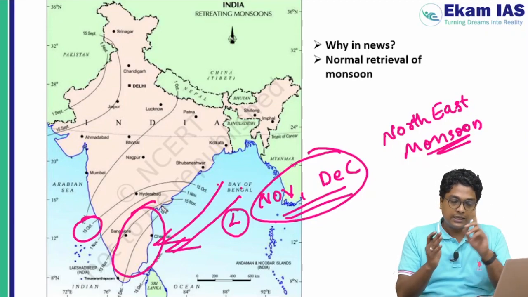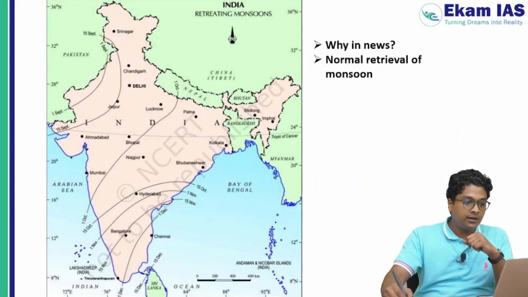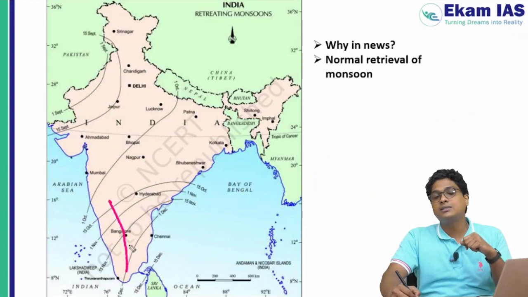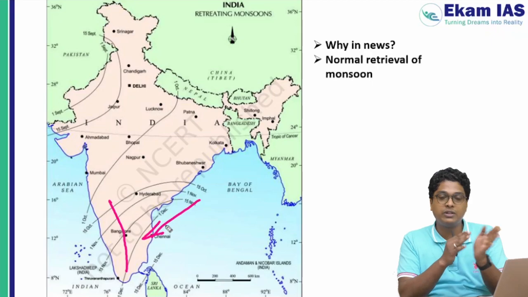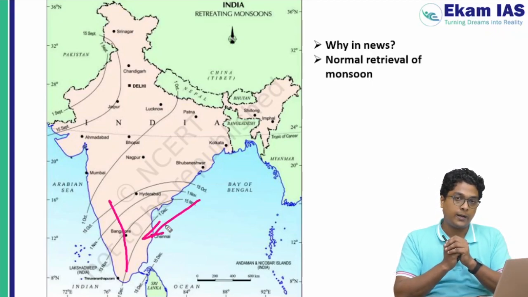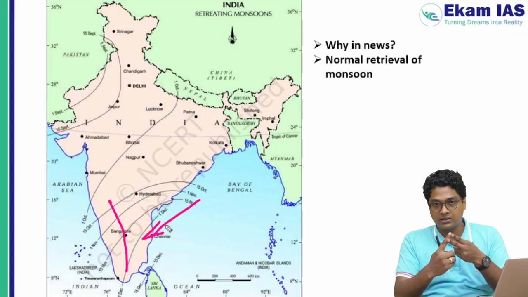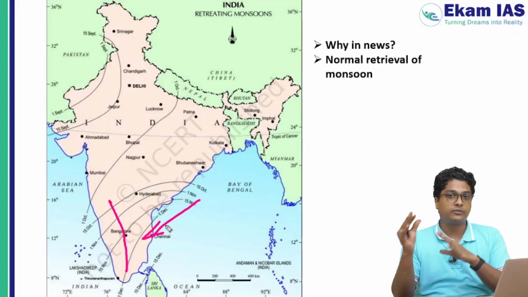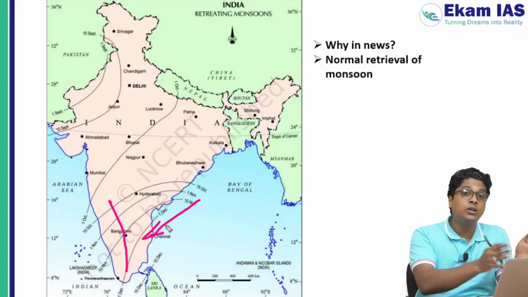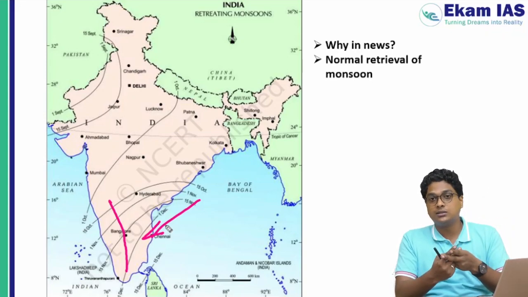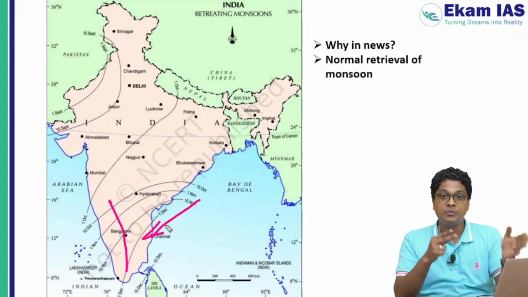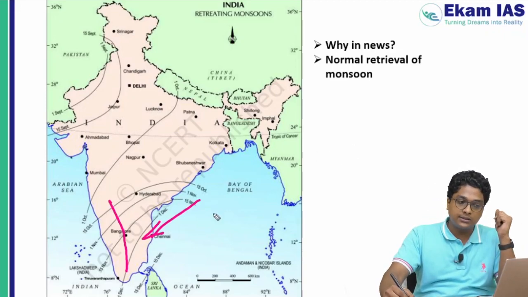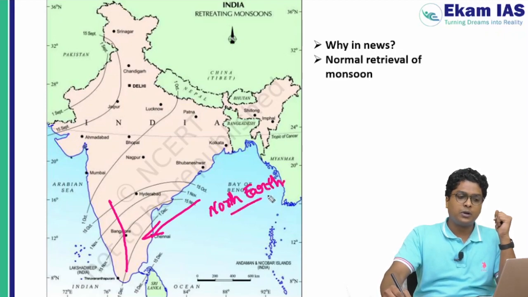The second reason is that Tamil Nadu, on the eastern coast, lies on the windward side of the Western Ghats during this time. Because of these two reasons, Tamil Nadu gets most of its rainfall during November, December, and we call this the northeast monsoon wind.